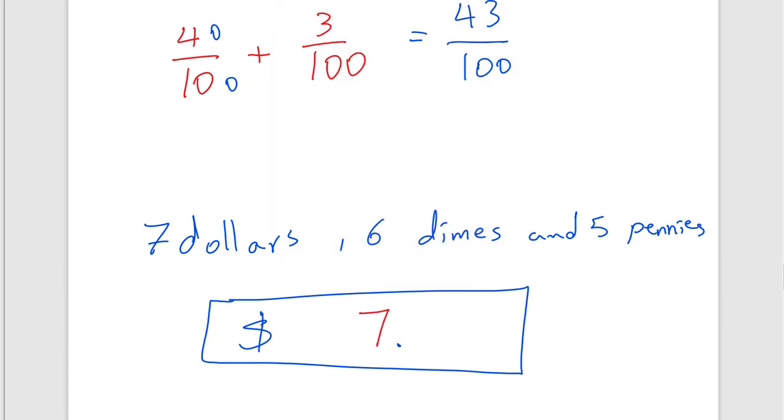Okay, so 7 is the whole, and dimes is 6/10, and the pennies is the 100th. Excellent, Malik. So the dollars is the whole, and the dimes is 10ths, and the pennies is 100ths.